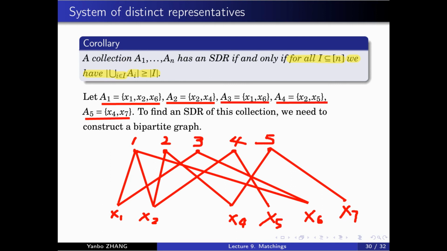So this collection has an SDR if and only if this bipartite graph has a matching covering 1, 2, 3, 4, 5, covering this part. And the condition is for all I, the size of I is less than or equal to the size of the union of Ai, where i is in the uppercase I. This is literally Hall's condition. So the proof is done.